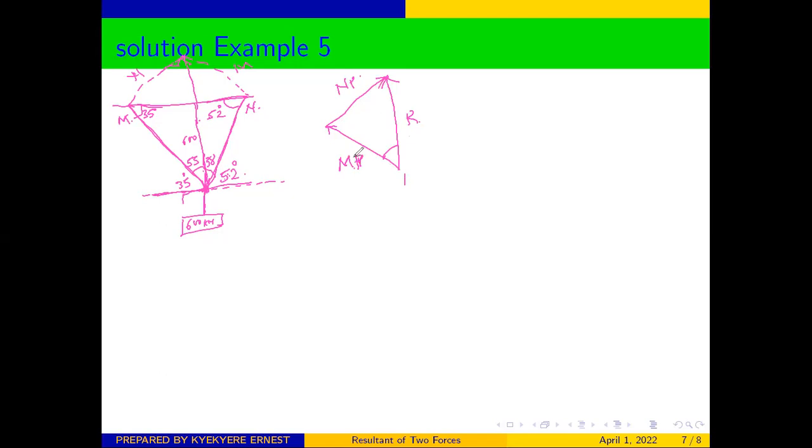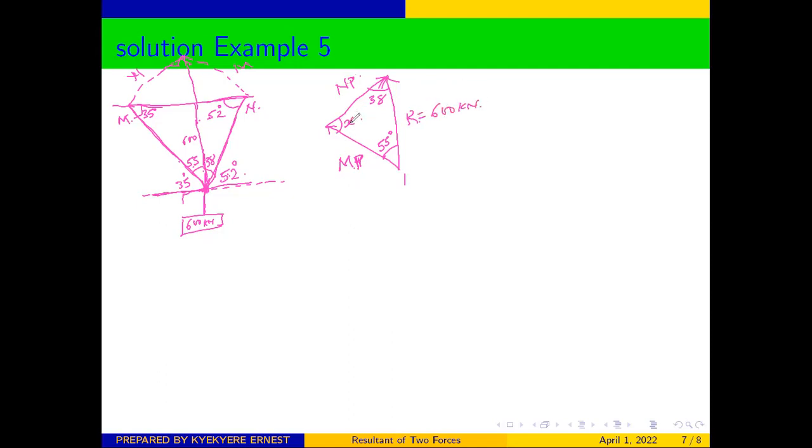Having been able to draw this diagram, we know that our angle here is 55 degrees. The angle our M makes with the resultant is 55. We also know that the angle our N makes with the resultant is 38. So we can also represent our 38 here. We don't know this angle, we can represent it with X. We don't know MP and we don't know NP, but we know the magnitude of our resultant, which is 600 kilonewtons.